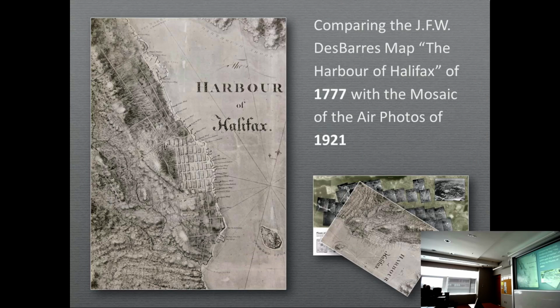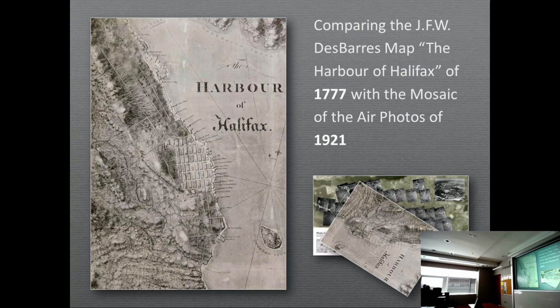As a last example, I want to show you an interesting comparison with the old photography of '21 and the first really good survey of Halifax that was done by William DeBars in 1777. The map was called Harbour of Halifax, and it was part of the Atlantic Neptune.